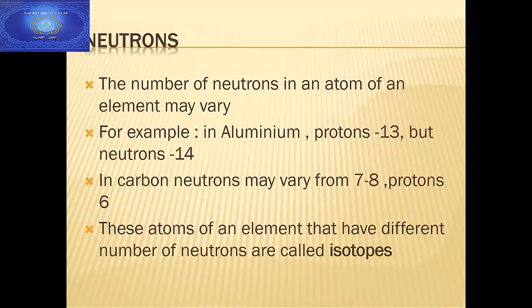For example, in aluminium the proton number is 13 because its atomic number is 13, so electrons are also 13, but the neutrons sometimes may vary, to 14. And for example, in carbon it may vary from 6 to 7. If the number of neutrons varies from the usual for the same atomic number, they are known as isotopes.